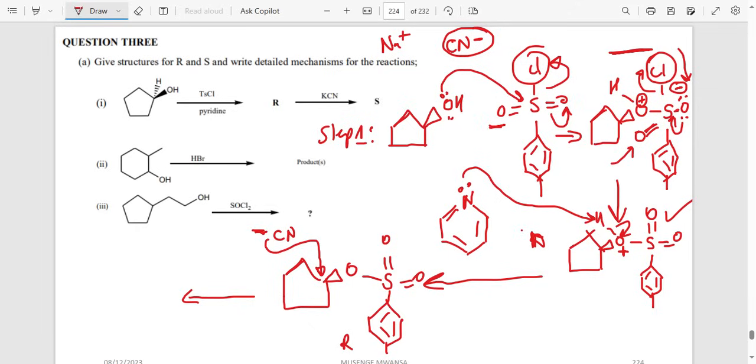Okay, the chlorine is still there. And that chlorine, in other books, what you are going to see is that the chlorine that was released, remember the pyridine had to grab a proton, right? The chlorine can actually react with that proton which was grabbed to form hydrochloric acid.